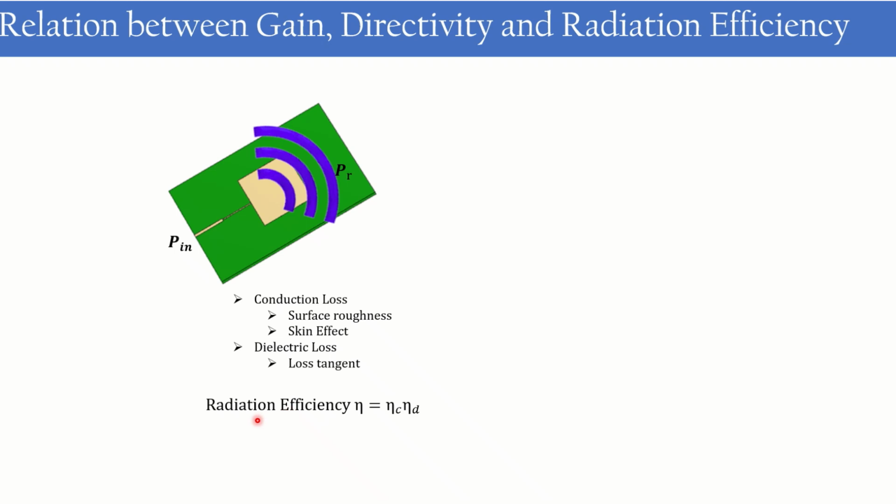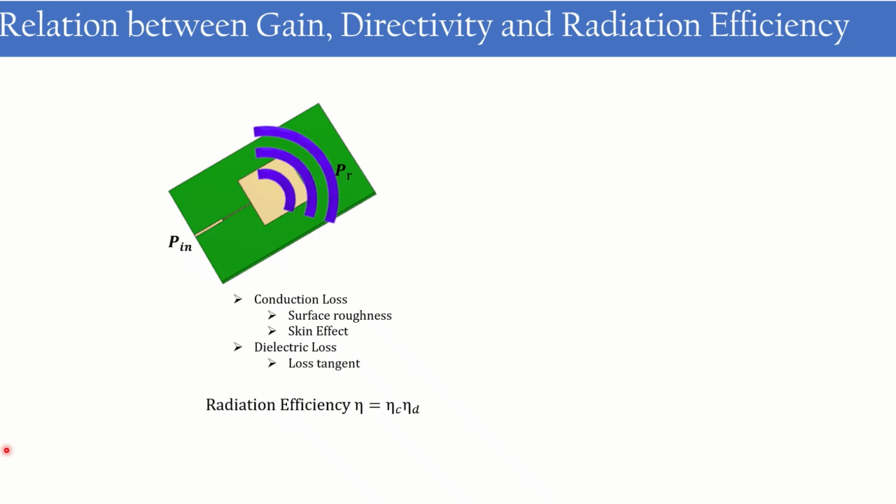So it is defined based on the radiation efficiency. Eta is equal to eta C into eta D, where eta C is the conduction efficiency and eta D is the dielectric efficiency. So PR will be less than Pin based on this radiation efficiency.